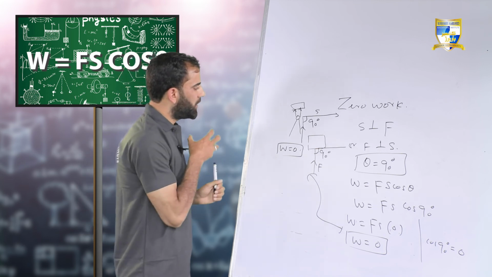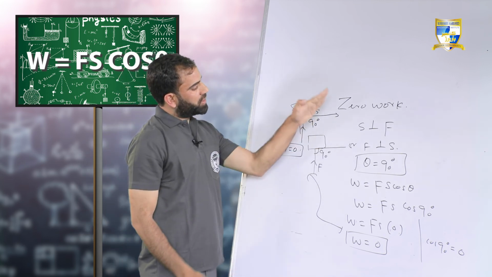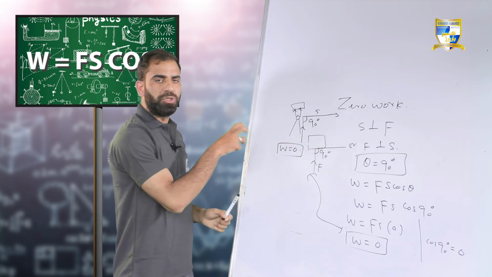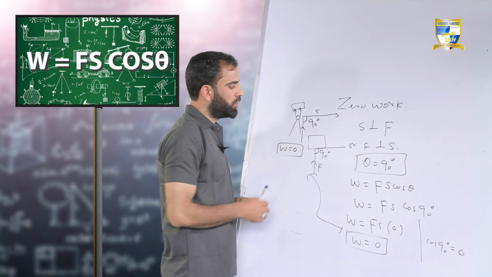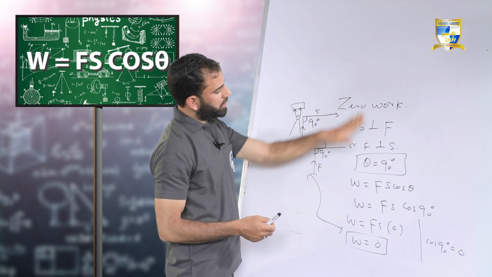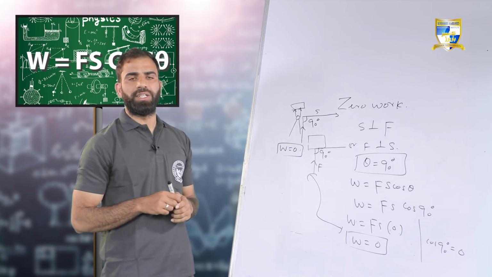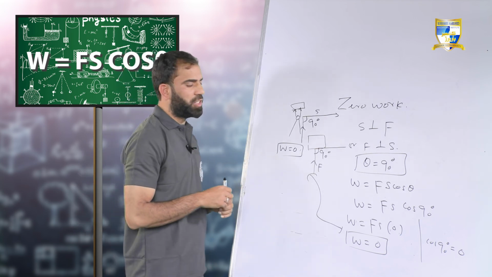So it means that how work can be 0, how work can be positive, how work can be negative, we can understand on the basis of theta. And theta is the angle created between force and displacement.